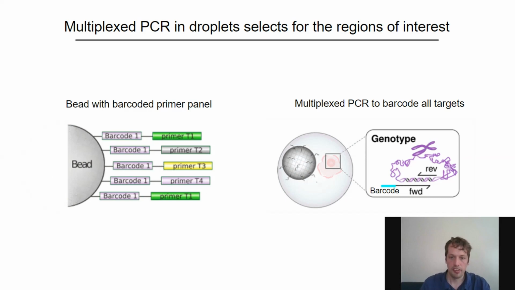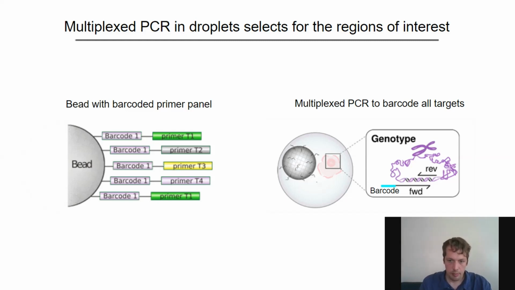Each primer features a droplet-specific barcode sequence, and then a targeting moiety that targets one of up to several hundred cancer hotspot genes that came from these consortia sequencing experiments. So we target all of them simultaneously. So in essence, what we have in these droplets is a multiplexed PCR that simultaneously amplifies the genotype of these cells and provides a single-cell barcode.